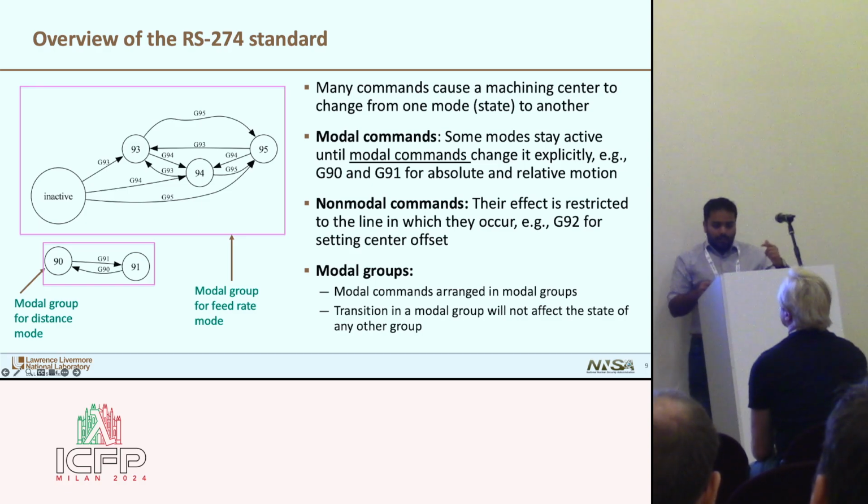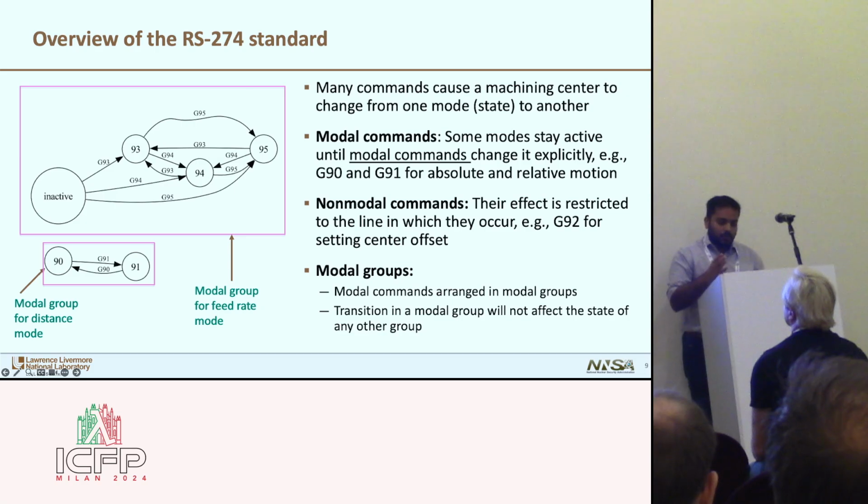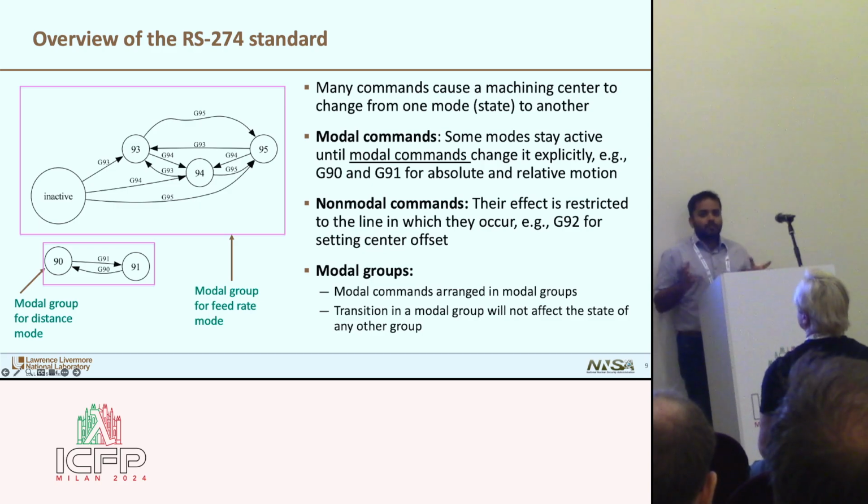On the other hand, modal groups like the feed rate mode do not have any default G command associated, so it remains inactive if nothing is specified. To say what kind of mode you want, you have to explicitly say G93, G94, or G95. As you can see, there are a lot of subtleties associated with how the modal commands transition from one mode to the other.